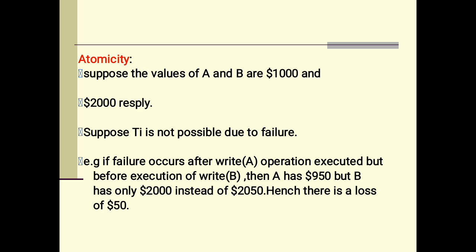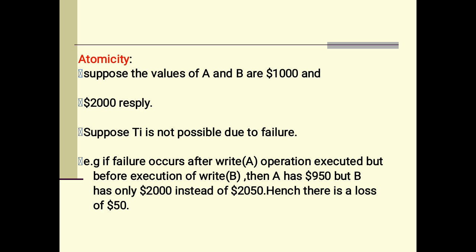If the failure occurs after the write A operation is executed but before the execution of write B, then A has $950 because the write A operation is successful. But B has only $2,000 because write B is not successful due to failure.